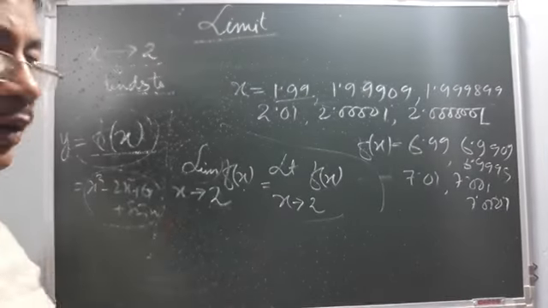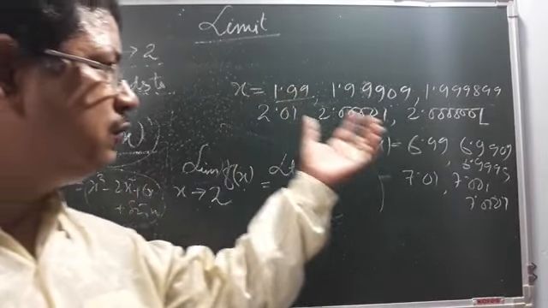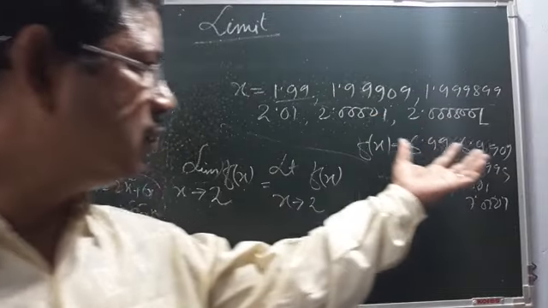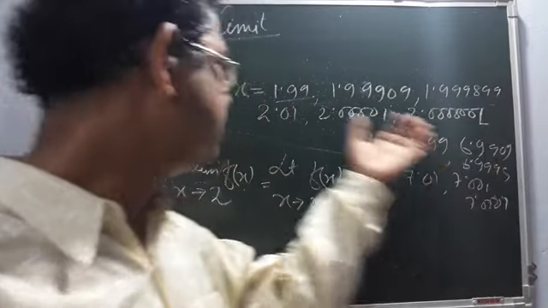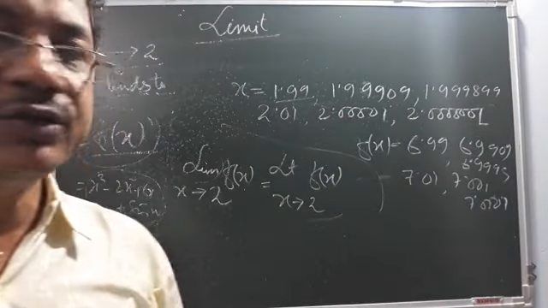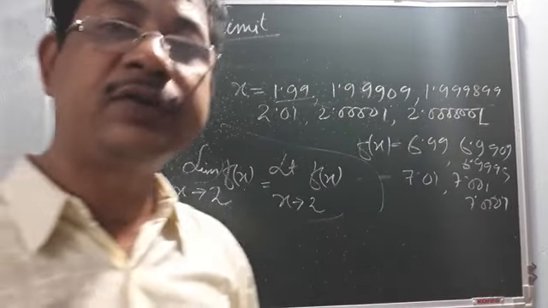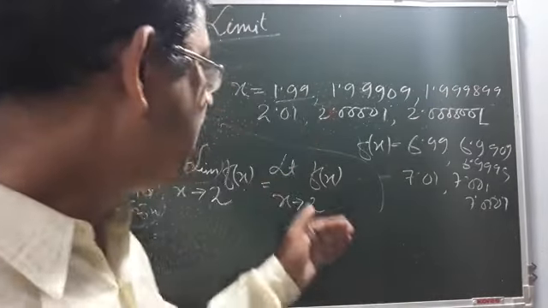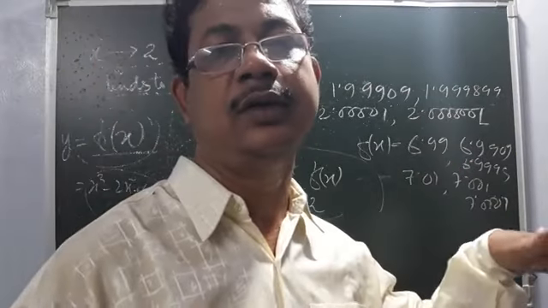So here we can guess, for that value Fx is this, for this value that. So what is the tendency of Fx? Fx has a tendency to come near the value 7.